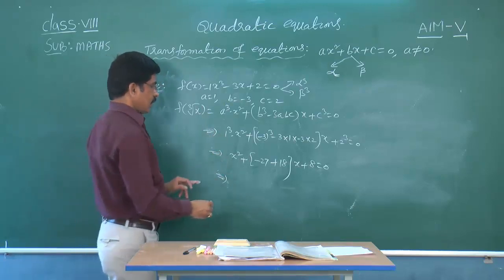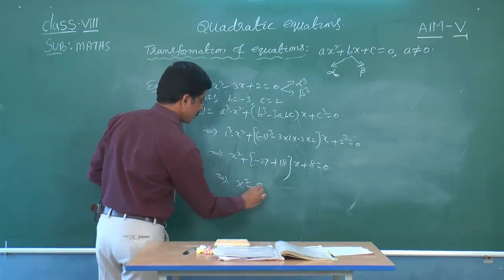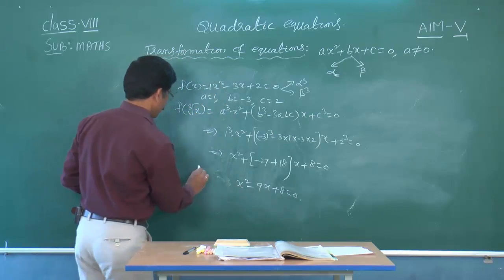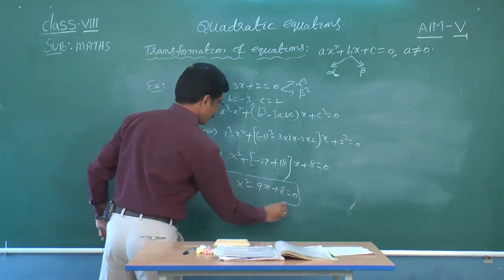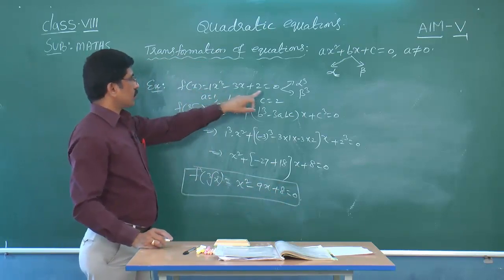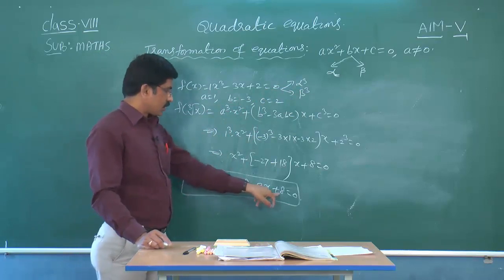Then minus 27 plus 18 is minus 9, so minus 9x plus 8 is equal to 0. That is, when roots are cubed, the required equation is x square minus 9x plus 8 is equal to 0.